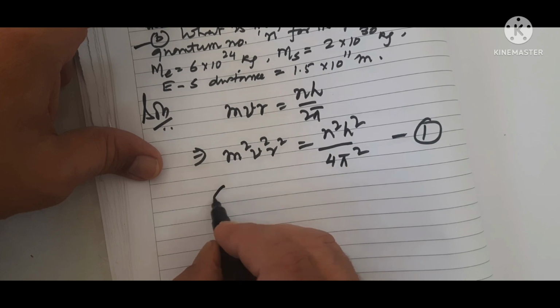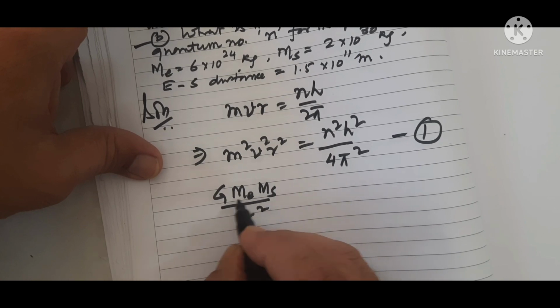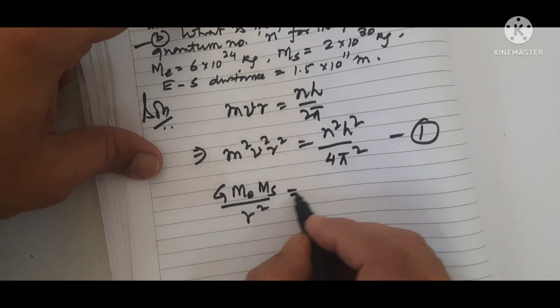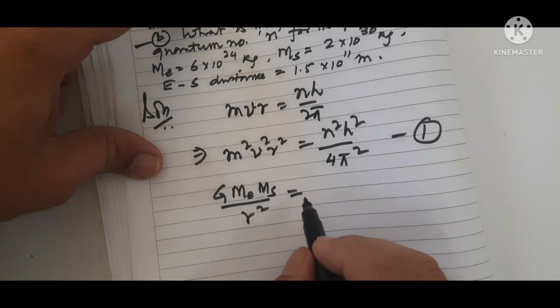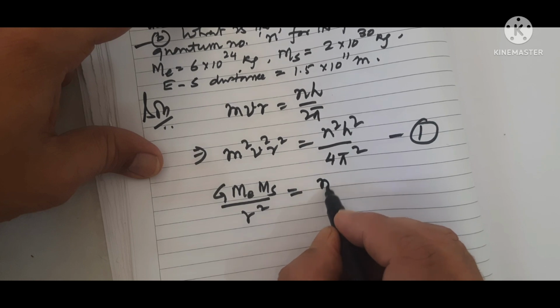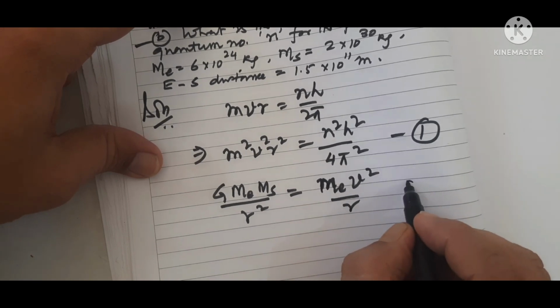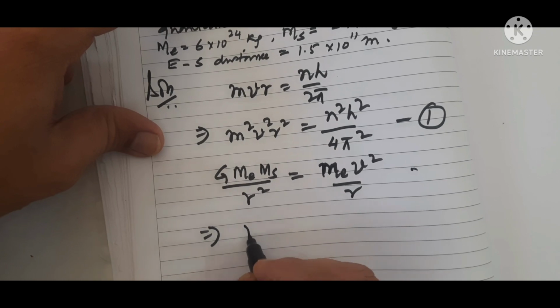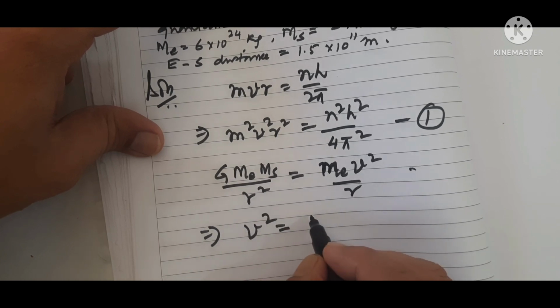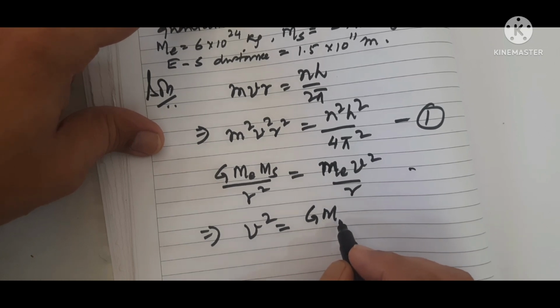Now gravitation force, G mass of earth, mass of sun by r square, the distance between these two squared, should be equal to, now it is moving in a circle, this gravitation force is providing the necessary centripetal force. So m, mass of the earth, v square by r, or v square is equal to G M by r.